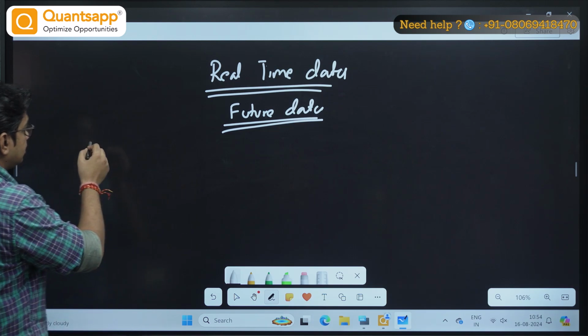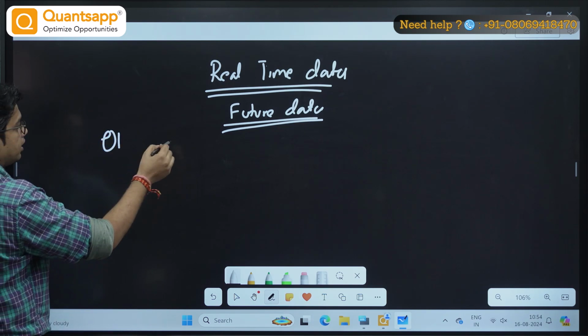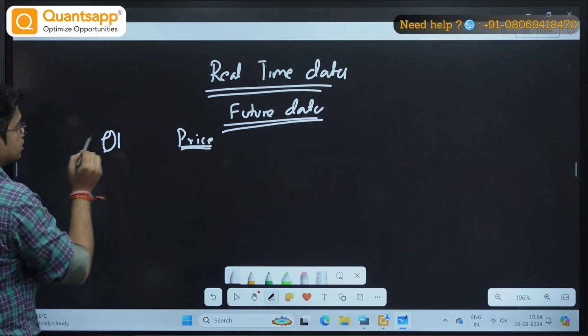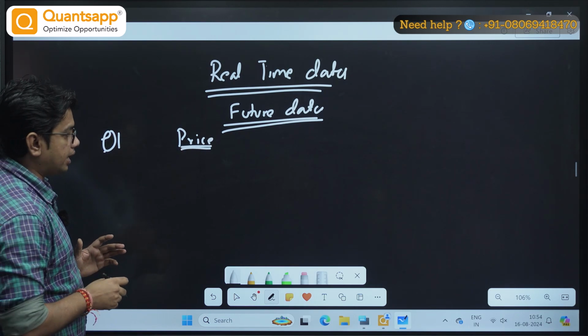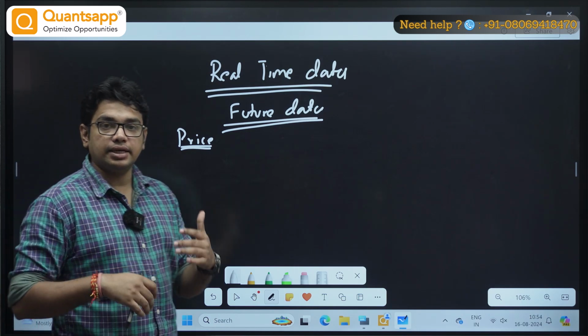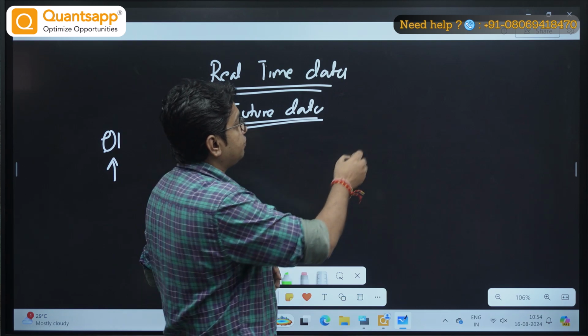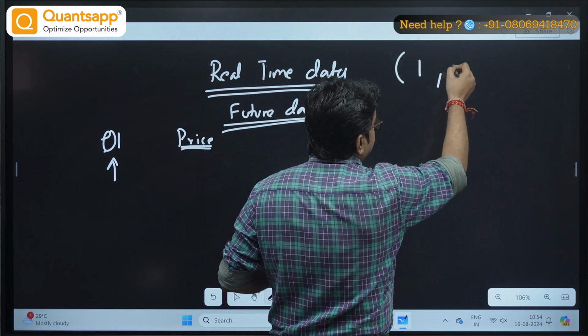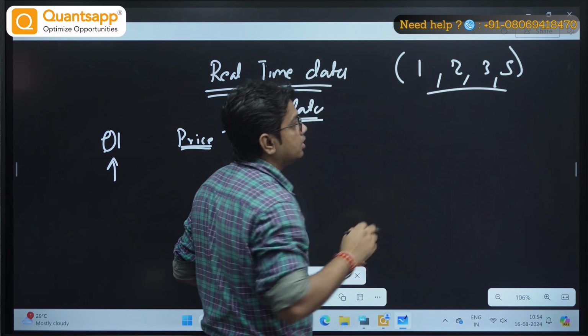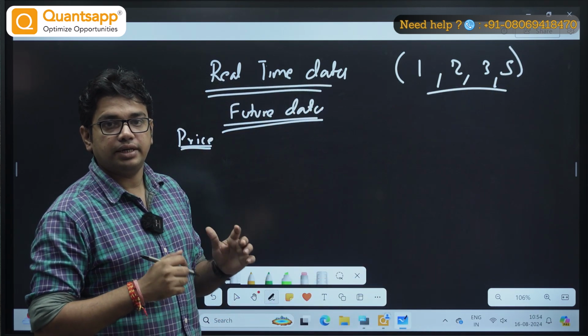So here is the OI, and here is the price. According to the data, when OI is increasing, whether the time frame is 1 minute, 2 minute, 3 minute or 5 minute, you can choose any of these for intraday trading.